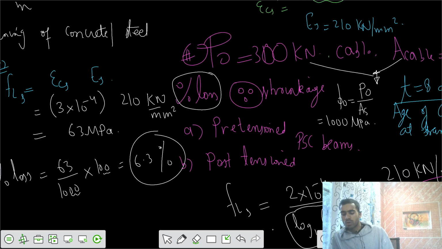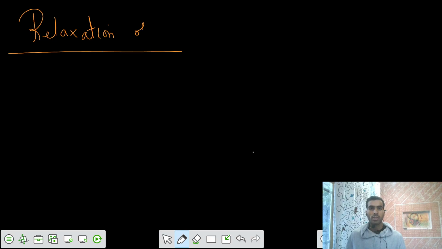Now one more kind of loss that we call relaxation of steel. This is also time dependent. Generally we take this as 2 to 5% of the initial prestress P0.